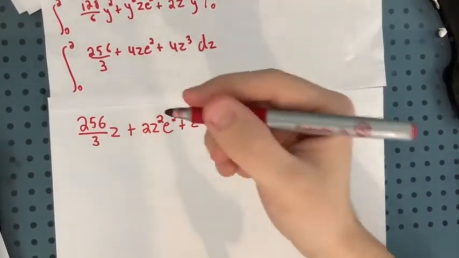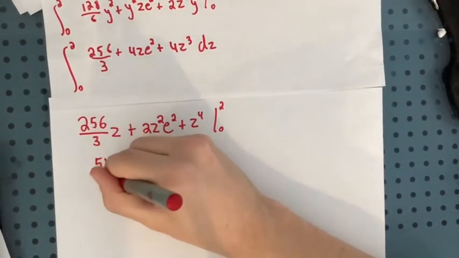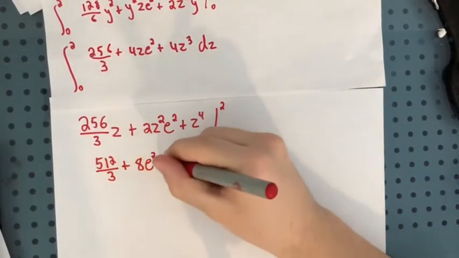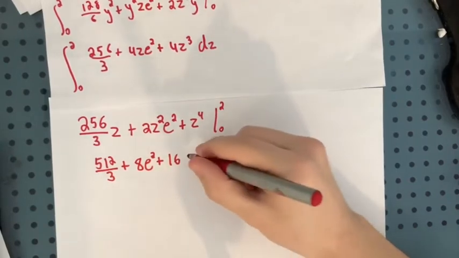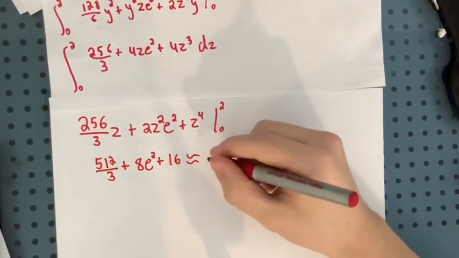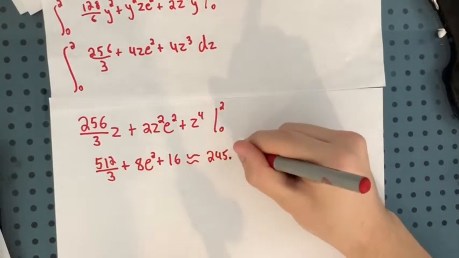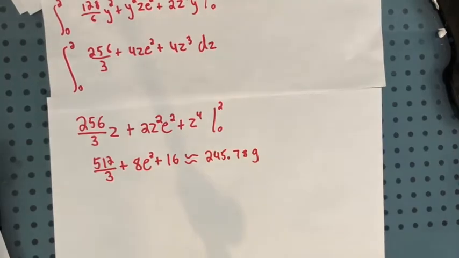And this will give us an answer of 512 divided by 3 plus 8 times e to the 2 plus 16. Now this is roughly 245.78 grams. So that's how much our solid weighs.